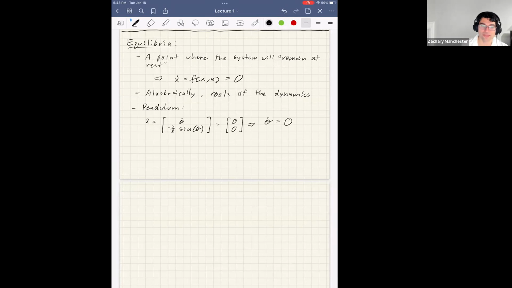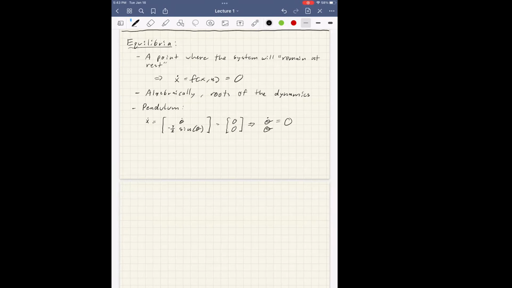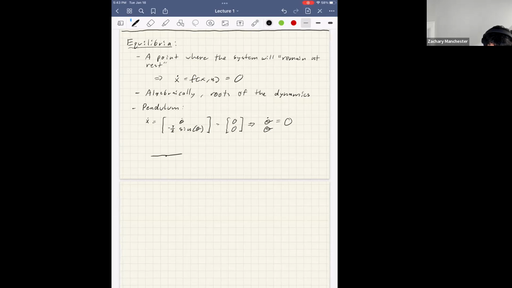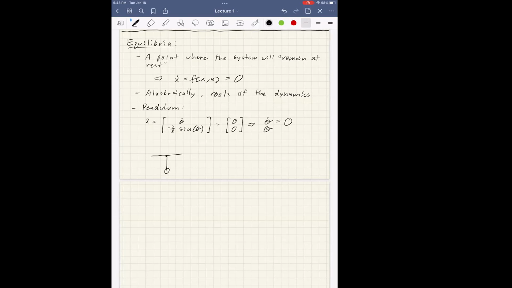How about theta? What does theta need to be here for this to have an equilibrium point? This is pretty intuitive also. Pi over 2? It depends how you define your angles, right? The way I defined them before in the picture, this is theta equals 0.